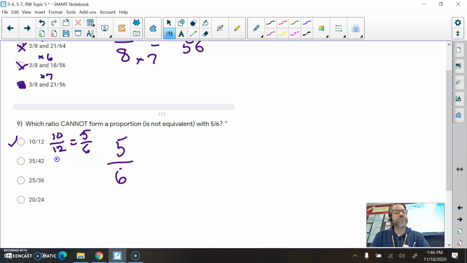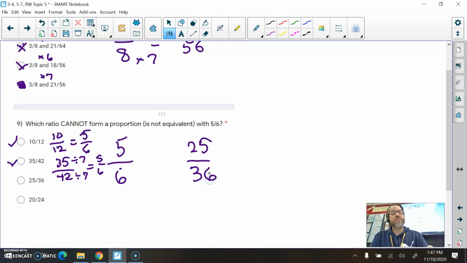35 over 42. What goes into both of those numbers? You know what? 7 does. I can divide them both by 7, and I get 5 over 6. That's a match. How about 25 over 36? Uh-oh, we can't even simplify this one because 25 and 36 don't share any common factors.